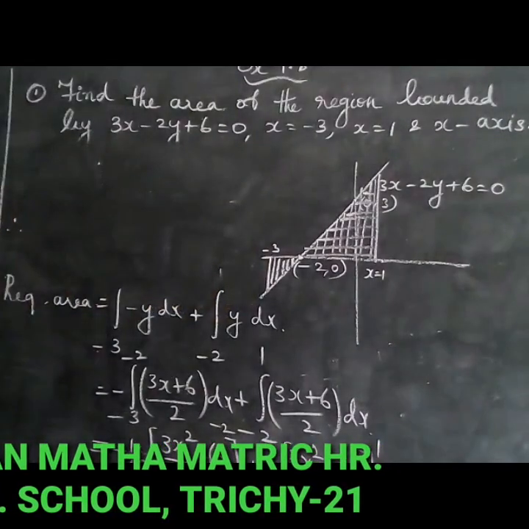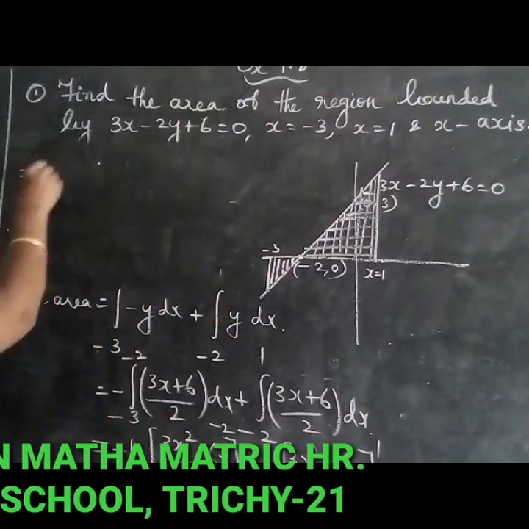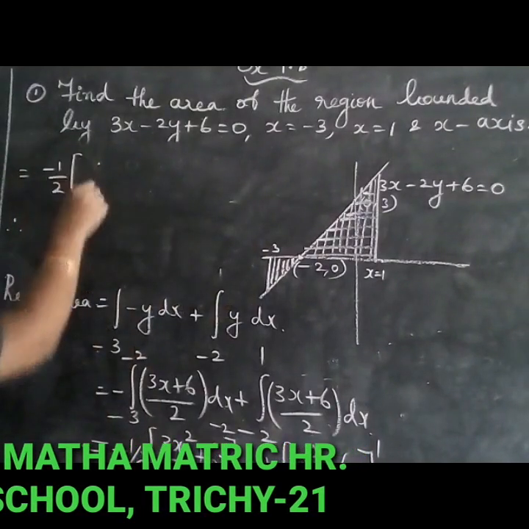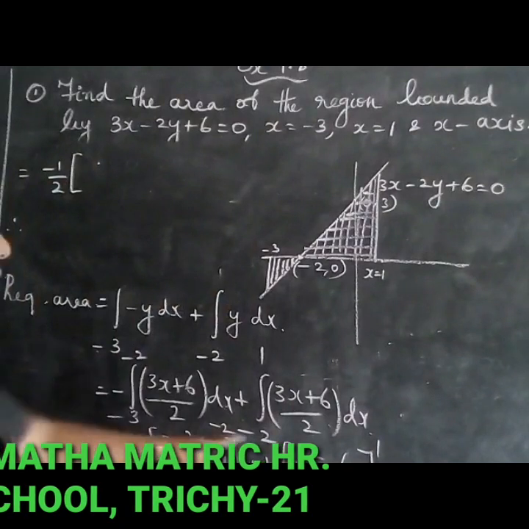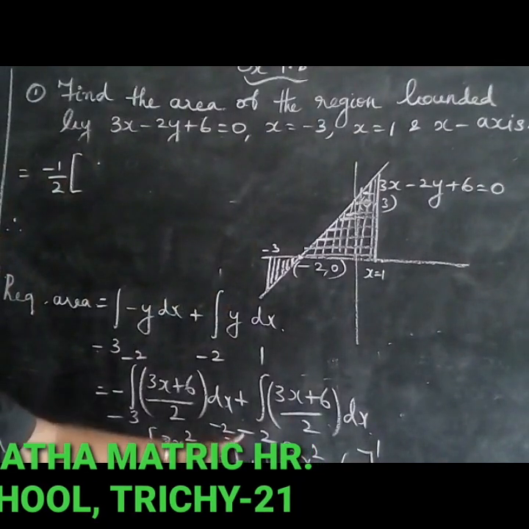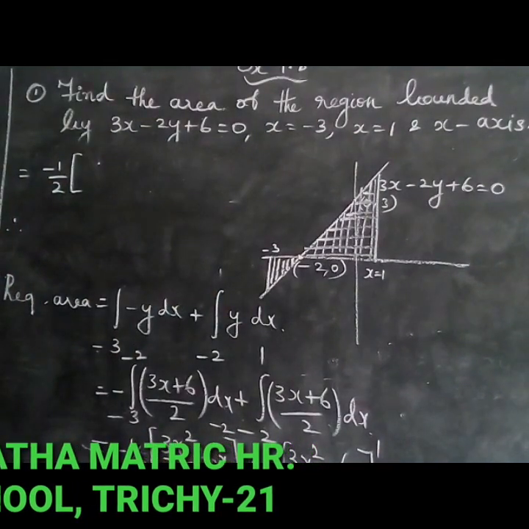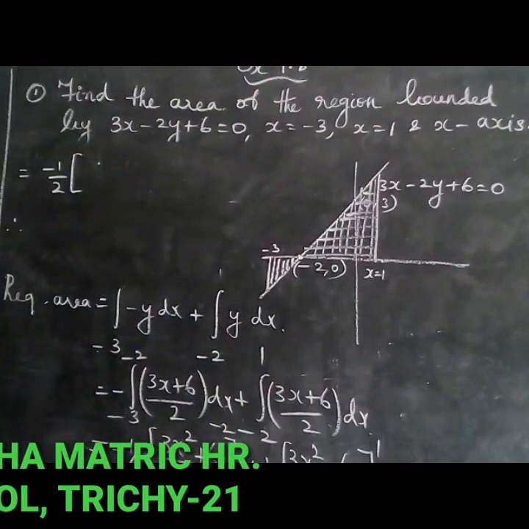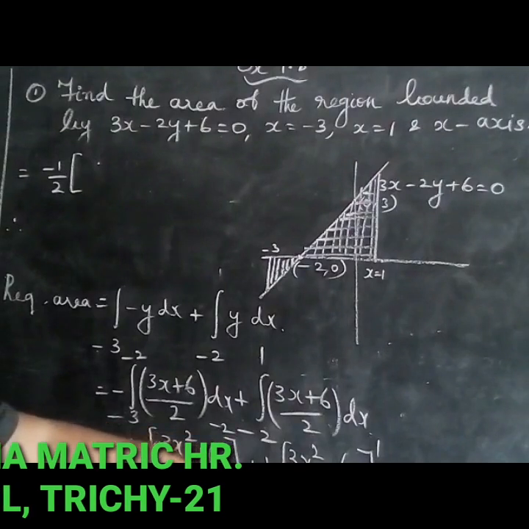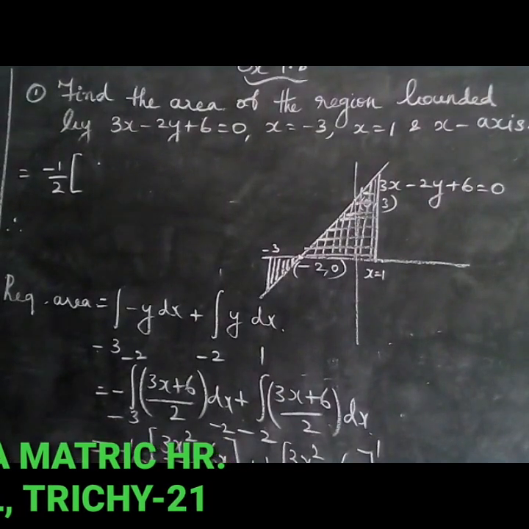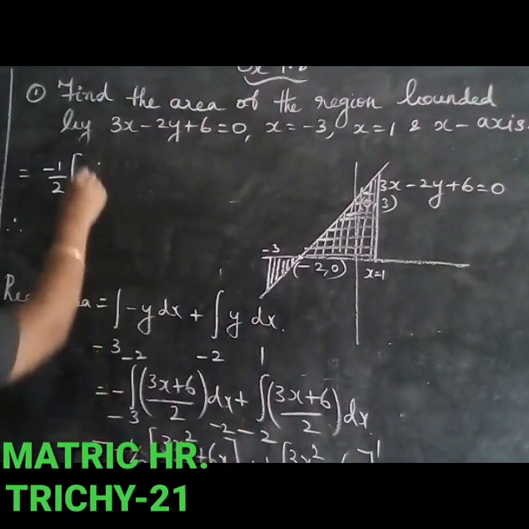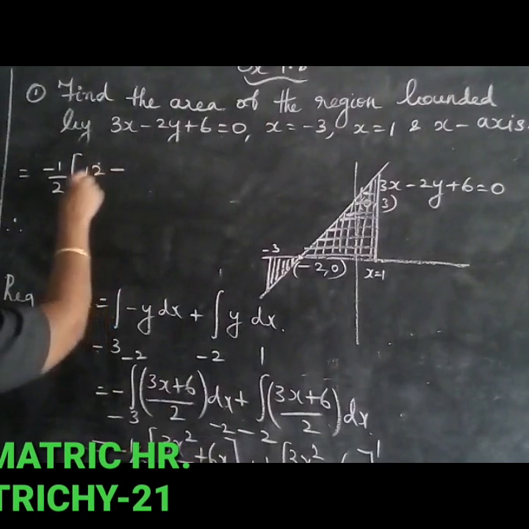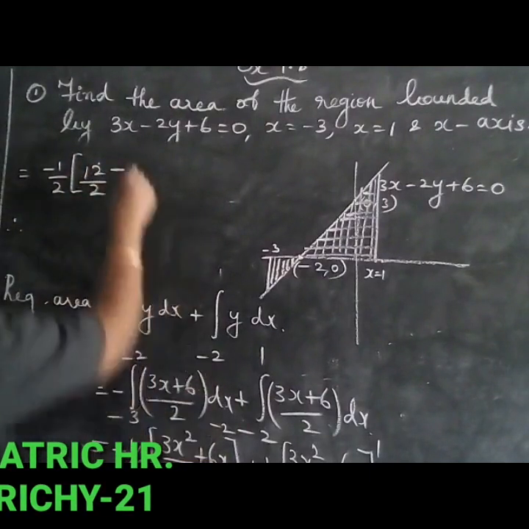When we are substituting the limit here we will get minus 1 by 2 into 3x square, where x is equal to the upper limit minus 2. So 3 into 4, 12 by 2, minus 6 into, so plus 6 into minus 2 is there. Here you can write 12 by 2 minus 12.